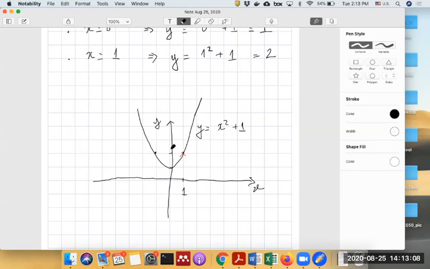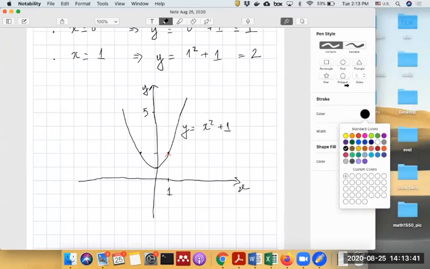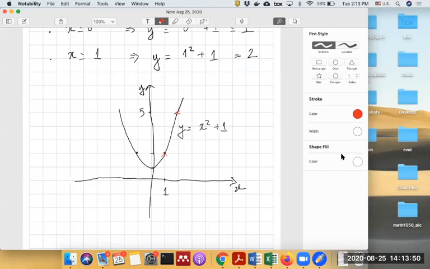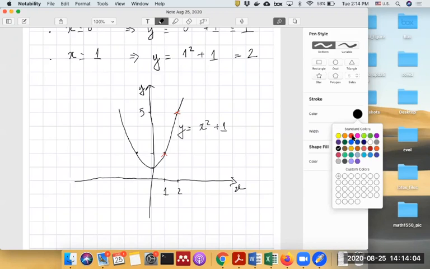Okay, this point here. From this graph, it's not a very good graph of this, but we know that the line should go through somehow like this, right?